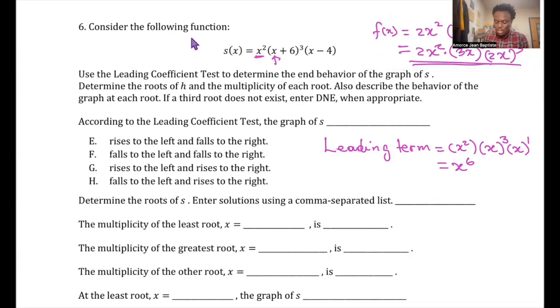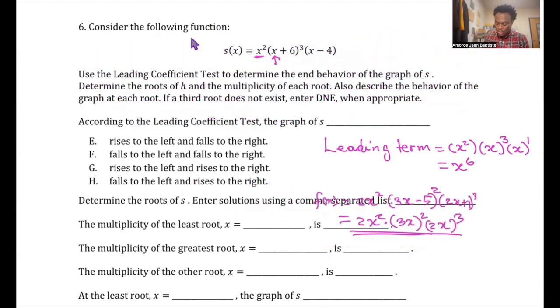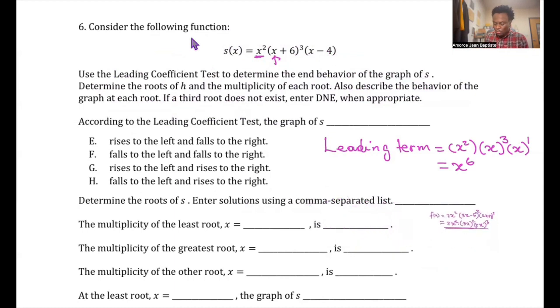So you may find yourself in a situation where you need to find the leading term using this technique, when you have the expression or the function given in factored form. So that would be what you call the leading term.